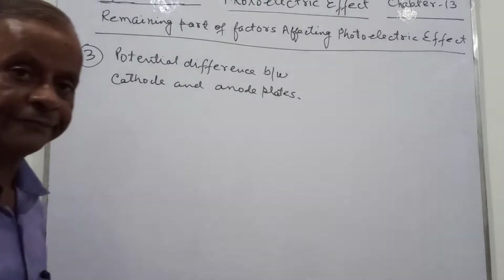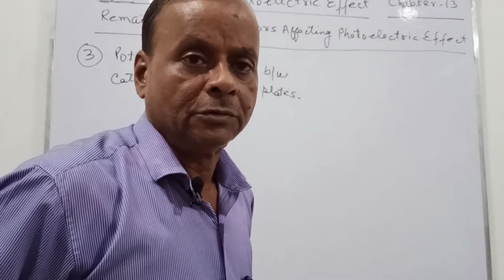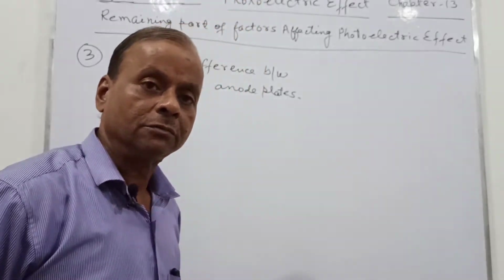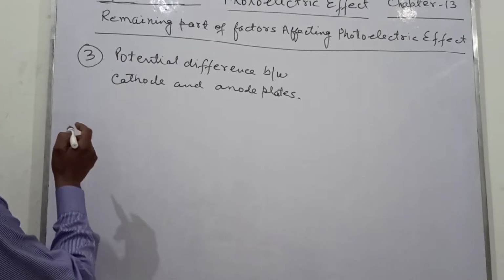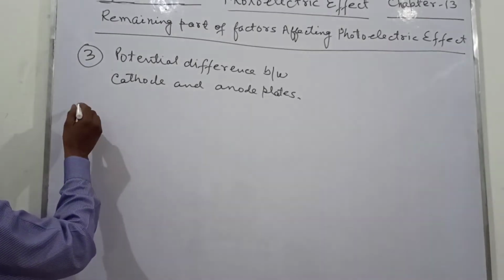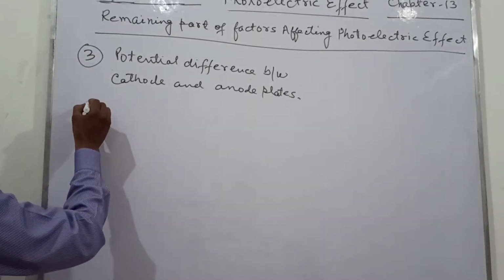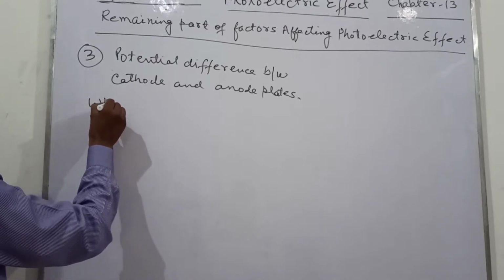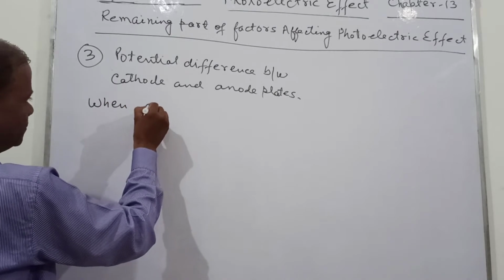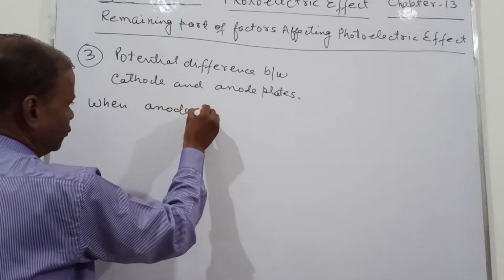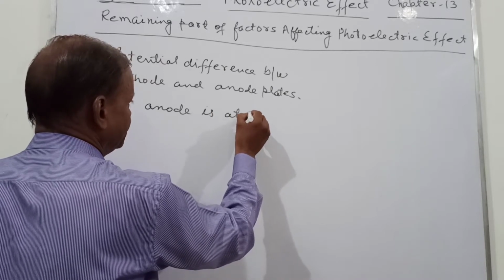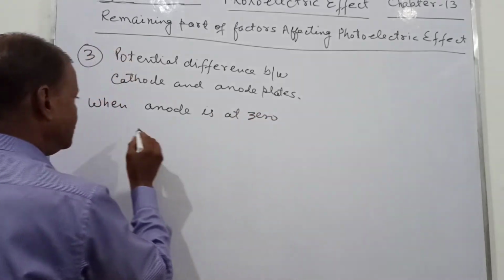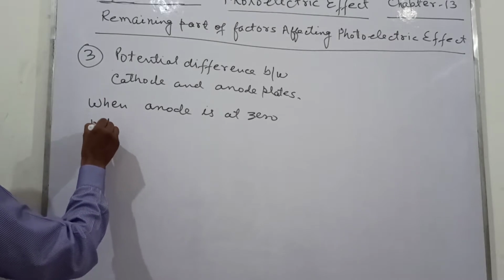So now let us have, when there is no potential on the anode, when anode is at zero potential.